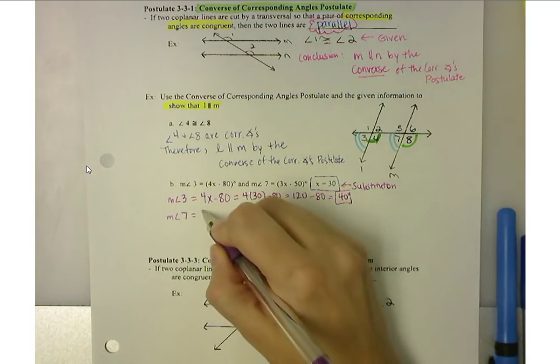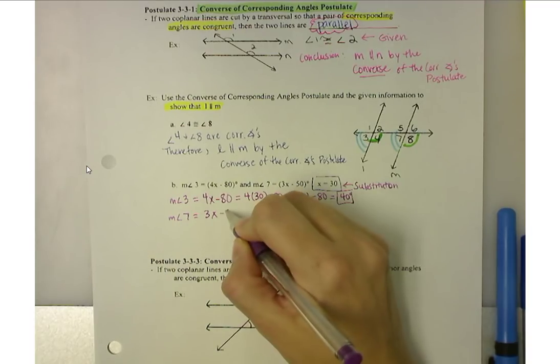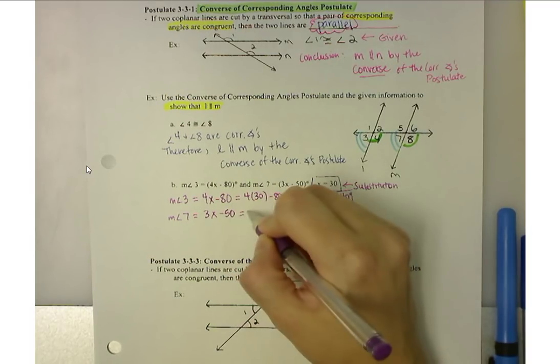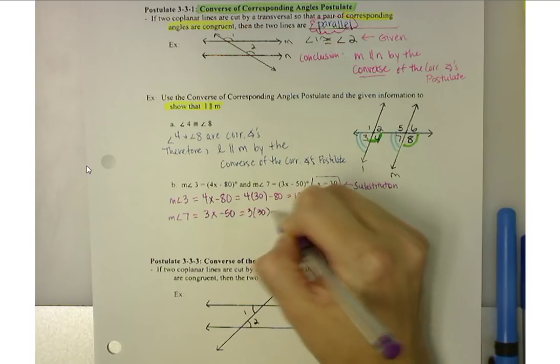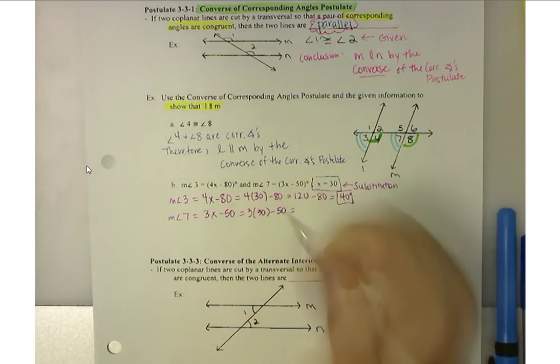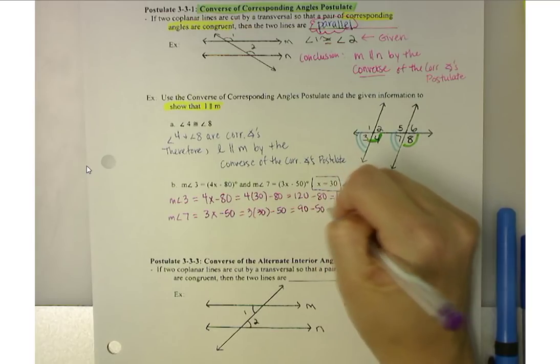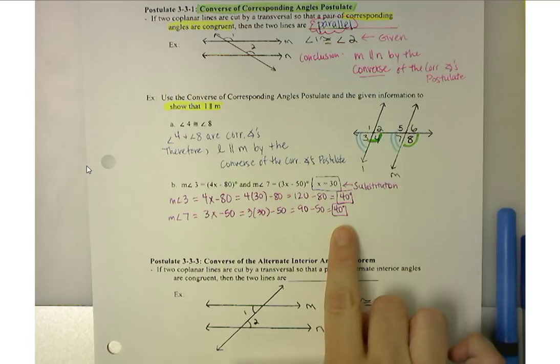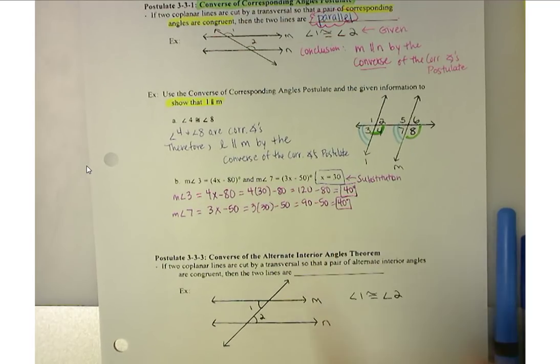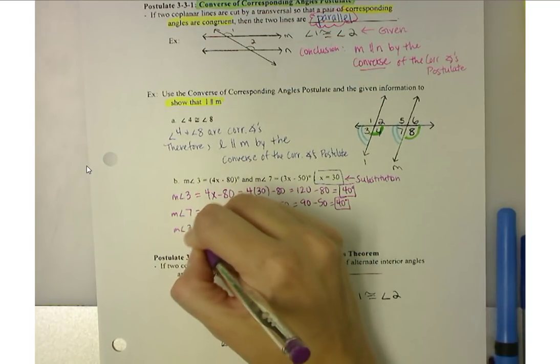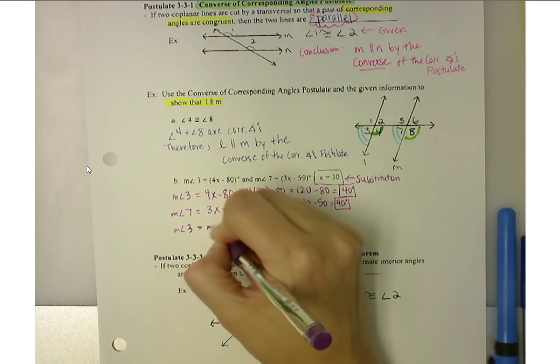So I have 3x minus 50, so I'm going to substitute in 30. So 3 times 30 minus 50. 3 times 30, 3 times 3 is 9, so this would be 90 minus 50, which again is going to be 40.